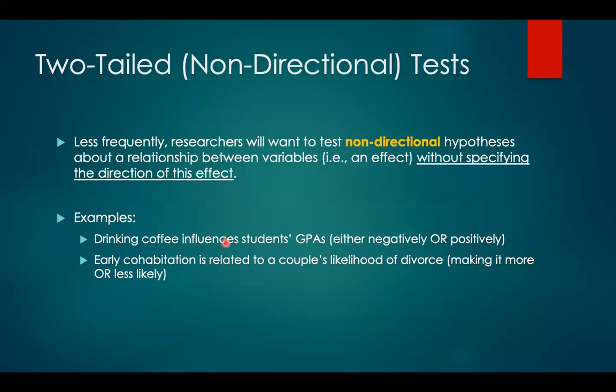Now, using this word influences means that we could be looking for either a negative or positive influence on GPA. Similarly, early cohabitation, or living together with a partner, is related to a couple's likelihood of divorce, which means living with that partner could make it either more or less likely that they will eventually divorce.